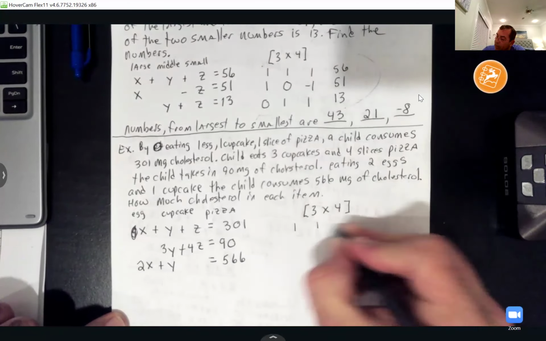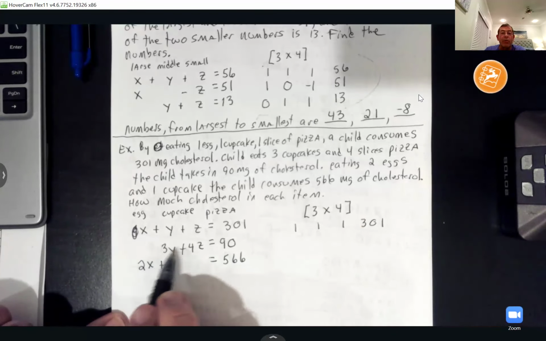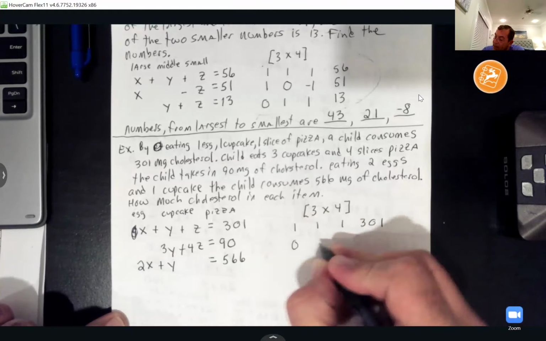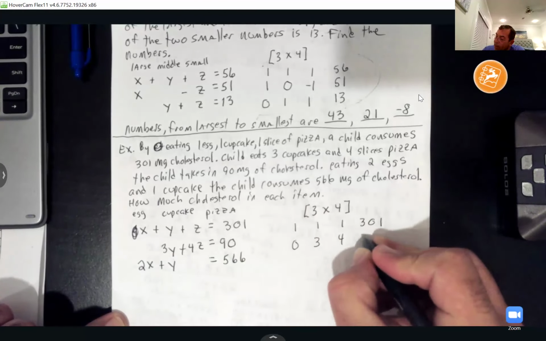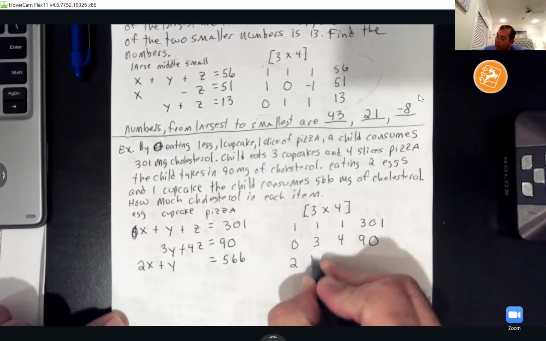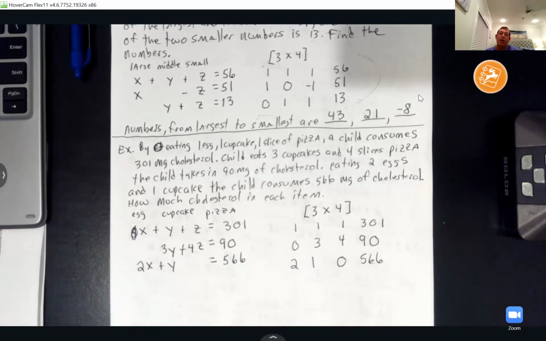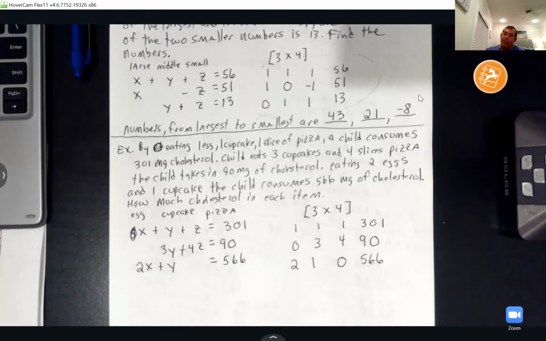1 1 1 301, 0 3 4 90, and then 2 1 0 566. So y'all, you will be putting zeros in on that calculator if you're doing it by calculator.